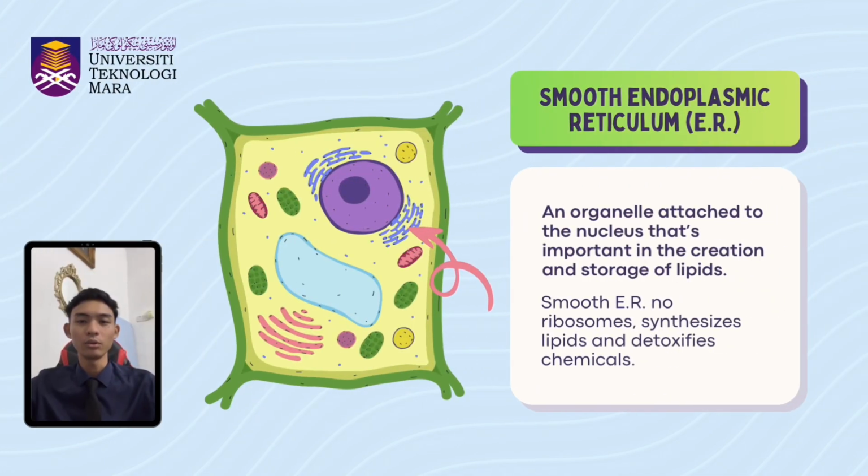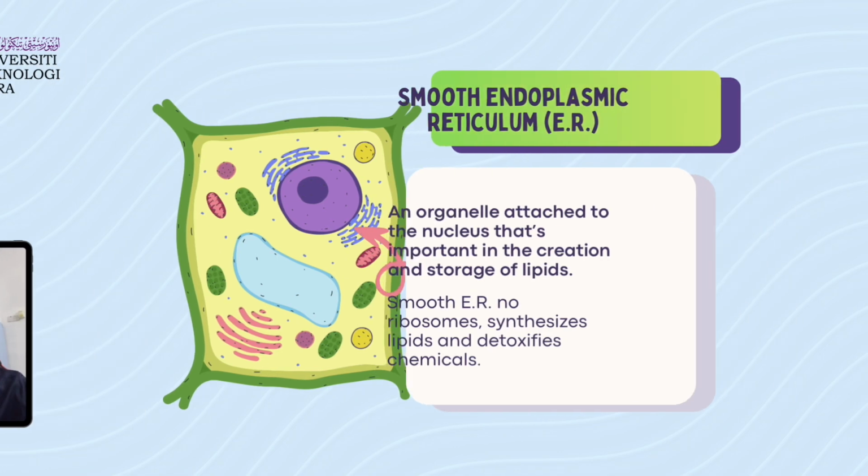Now, we go to the smooth endoplasmic reticulum, an organelle attached to the nucleus that is important in the creation and storage of lipids. Smooth ER has no ribosomes, synthesizes lipids, and detoxifies chemicals. The ER acts as a manufacturing and packaging system for the cell.